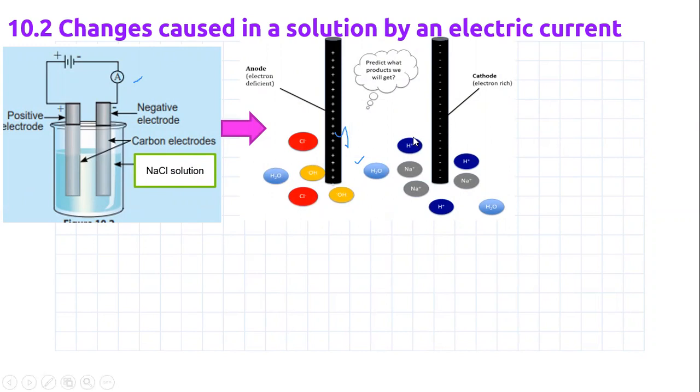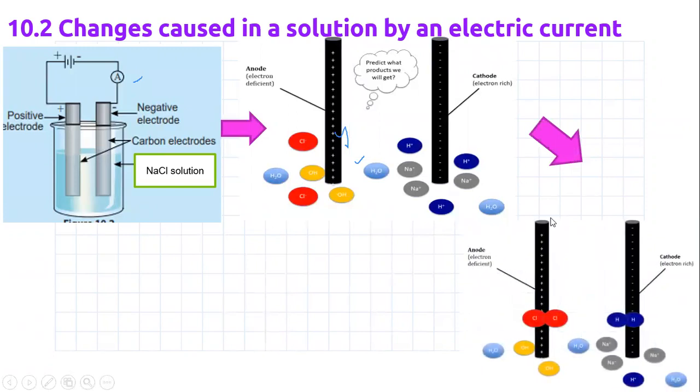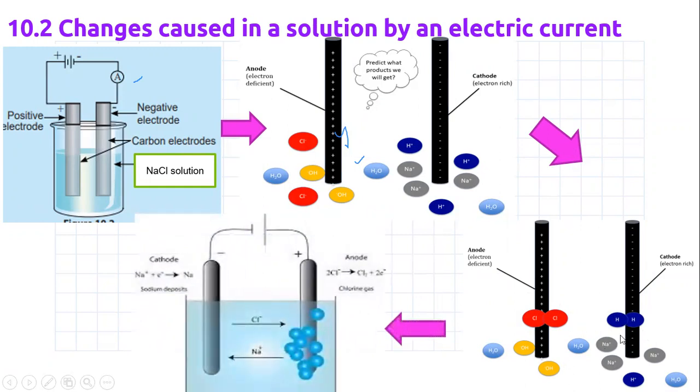So here you can see all the positive ions are attracted to the cathode and all the negative ions are attracted to the anode. Here chlorine negative ions, they lose electrons and become chlorine, and all the sodium positive ions, they gain electrons and become sodium.